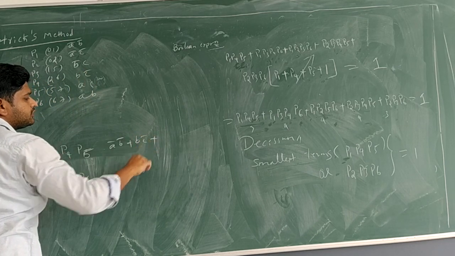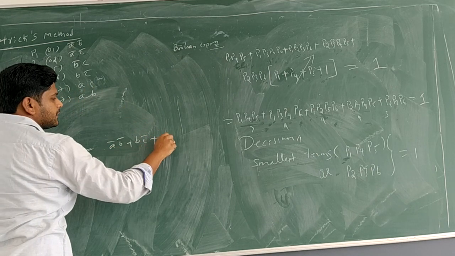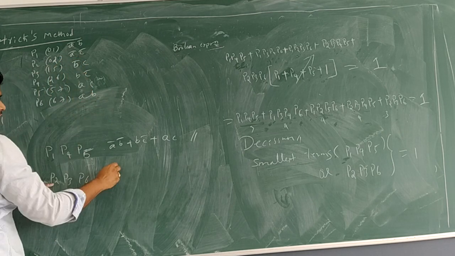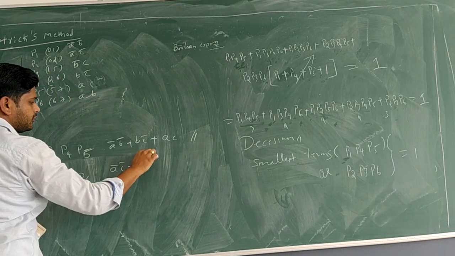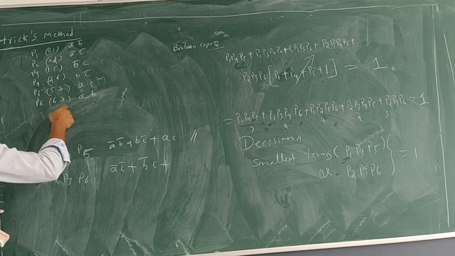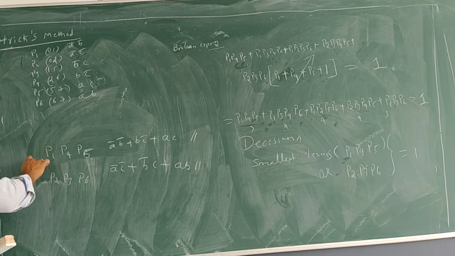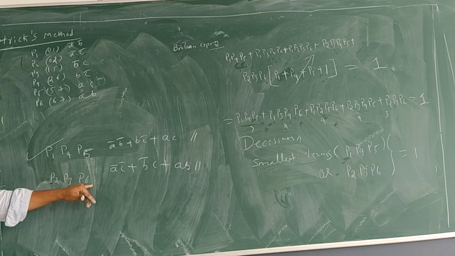B C bar. So please write plus there. Next, what do you mean by P5? AC. So either this is the solution, or what is the second option? 2, 3, 6. 2 means A bar, C bar. 3 means B bar, C. Last, 6 means AB. If we choose 1 4 5 as a solution, 2 3 6 is optional. If we choose 2 3 6 as a solution, 1 4 5 is optional.